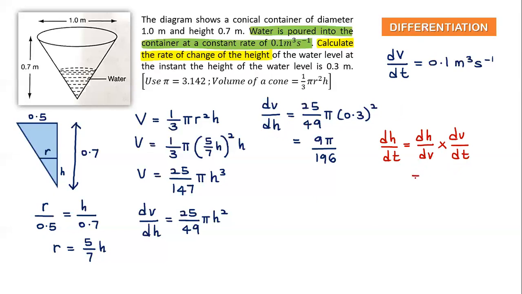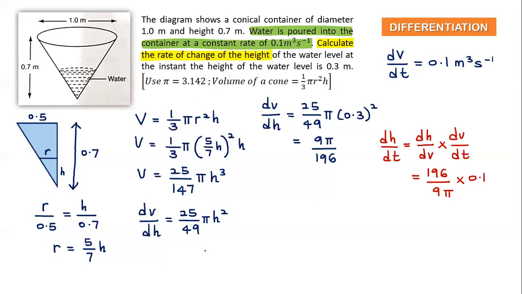Now I'm going to insert the values, class. Since we already inverted the dh/dt, this one needs to be inverted also. Don't forget to invert. It is 196 over 9 pi times dV/dt, the value of dV/dt, 0.1. Can you see the value of pi is already given here?